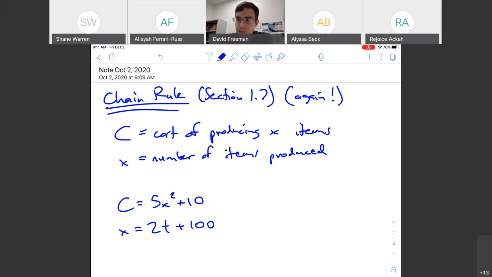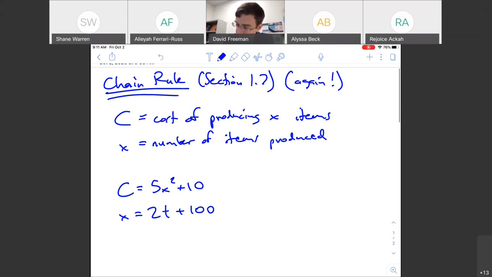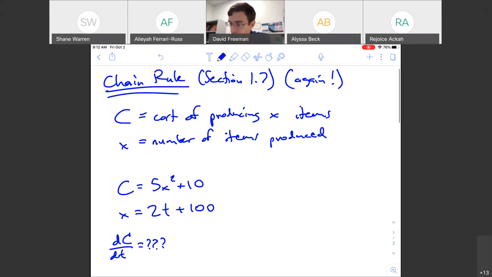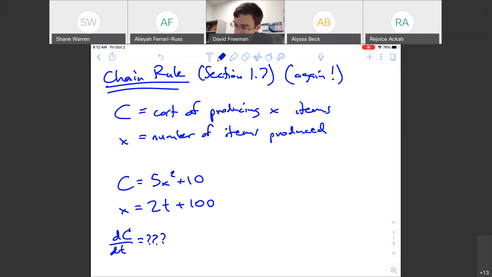And so if we wanted to find dC/dt, how does cost depend on time? So t is time, let's say in days.